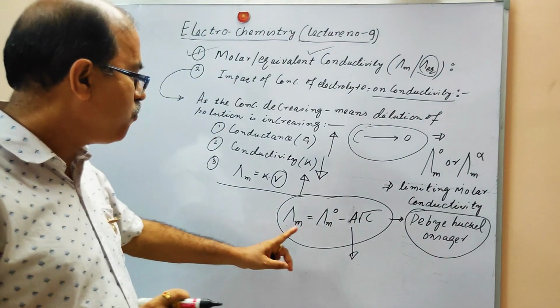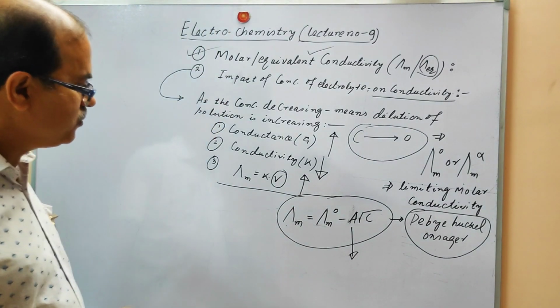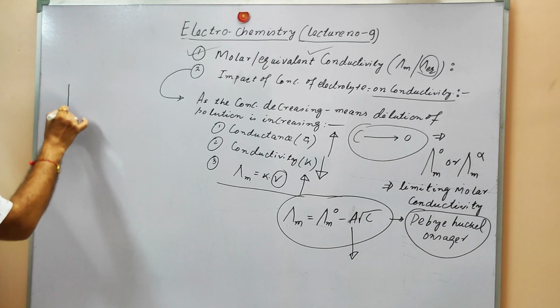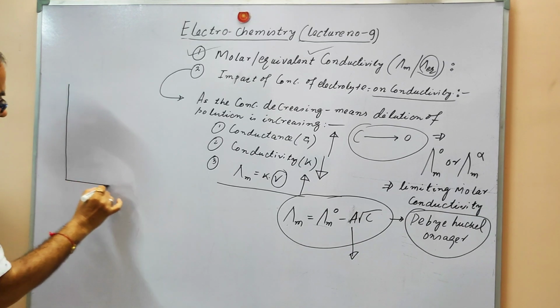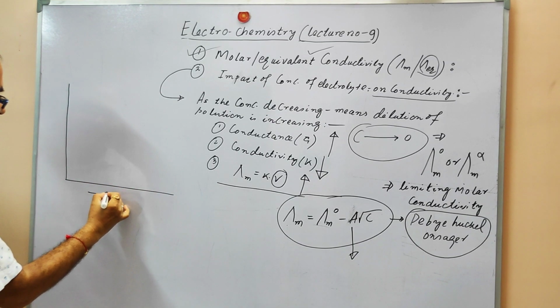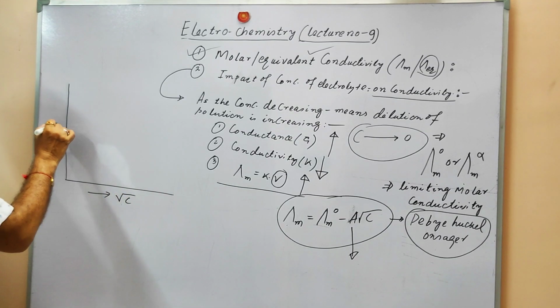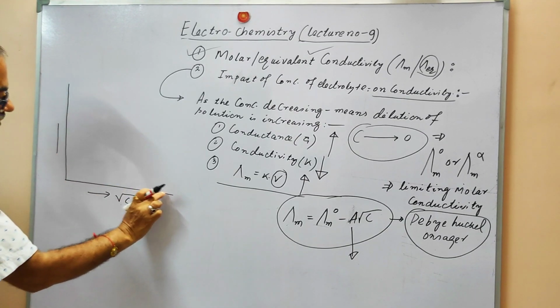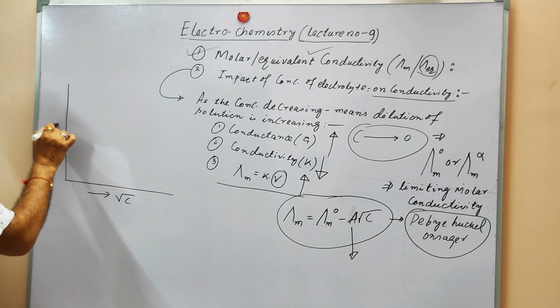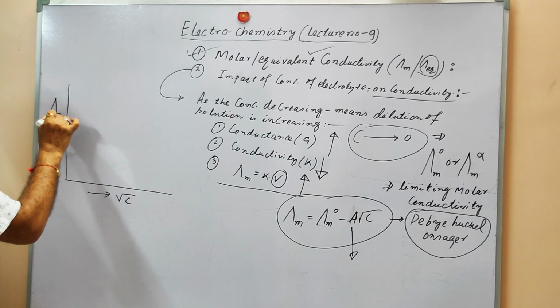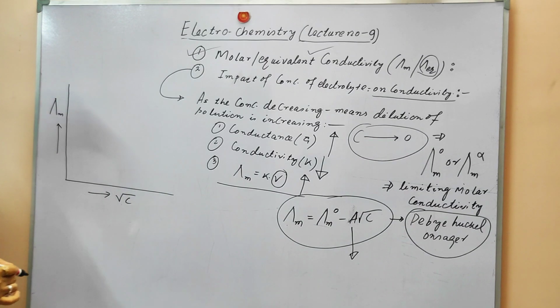When we plot this equation, what will we find? Suppose we plot the root of the concentration on the x-axis and the molar conductivity on the y-axis.